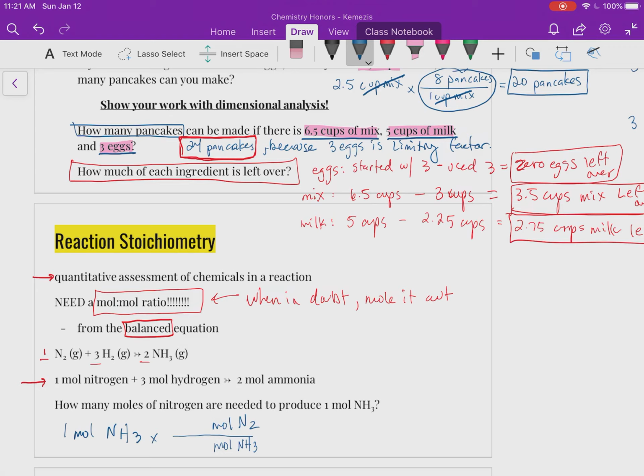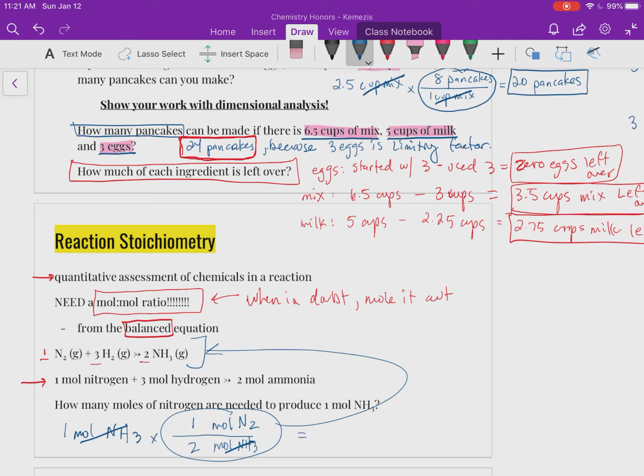So I'm interested in moles of nitrogen. I have moles of ammonia, and this ratio comes directly from the balanced equation. I literally just pluck the numbers from the reaction, right? For every 1 mole of nitrogen that I react, I get 2 moles of NH3.